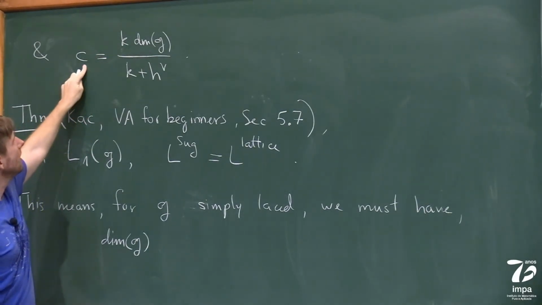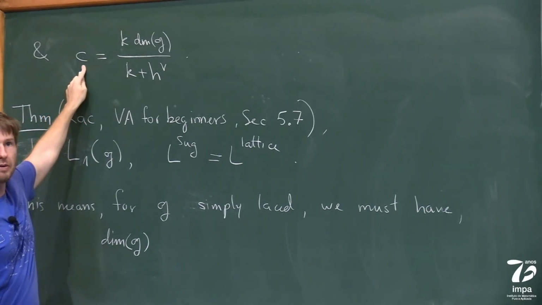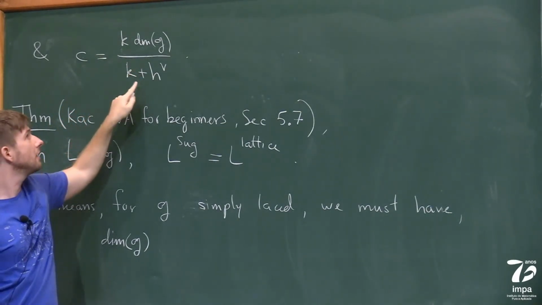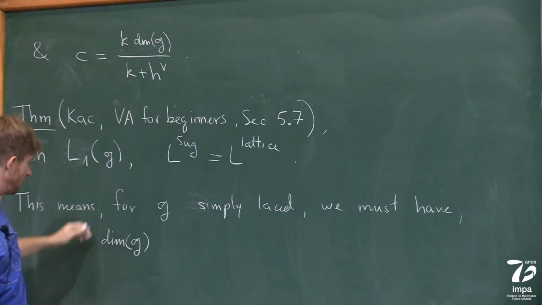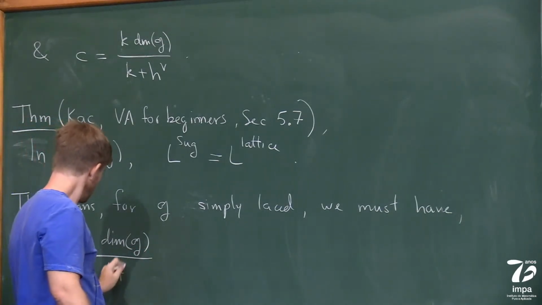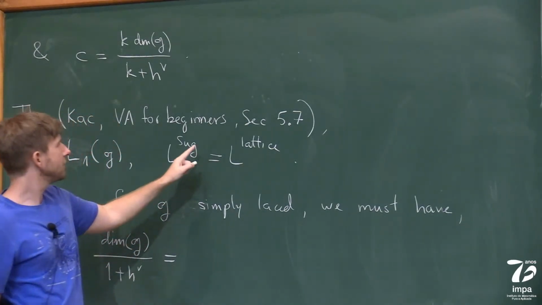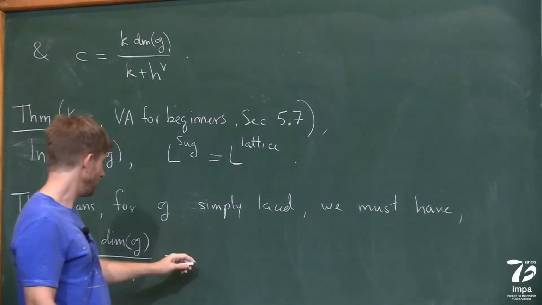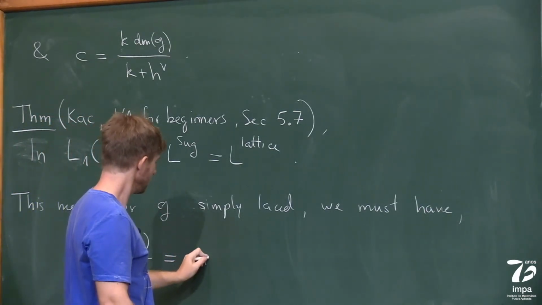We have central charge given on one side by the dimension of G over 1 plus h check. But we already knew that the central charge on the other side was the rank.